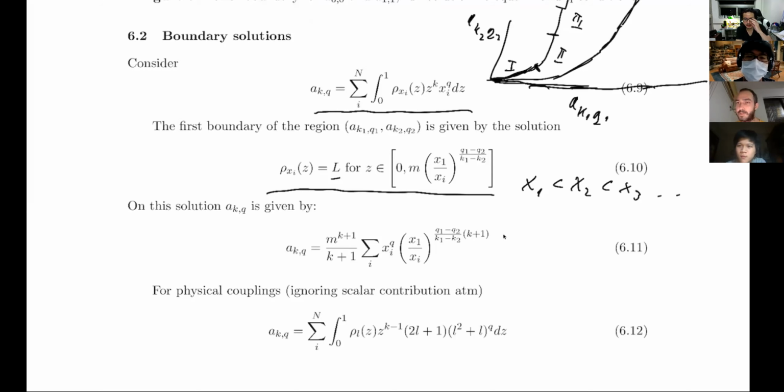Yeah, so then this is the first boundary solution. Then if you want to go to the second one, the first rho x1 is L on 0, 1, so it's like full. And then the next one, x2, will be L on 0, M, and then some value there.